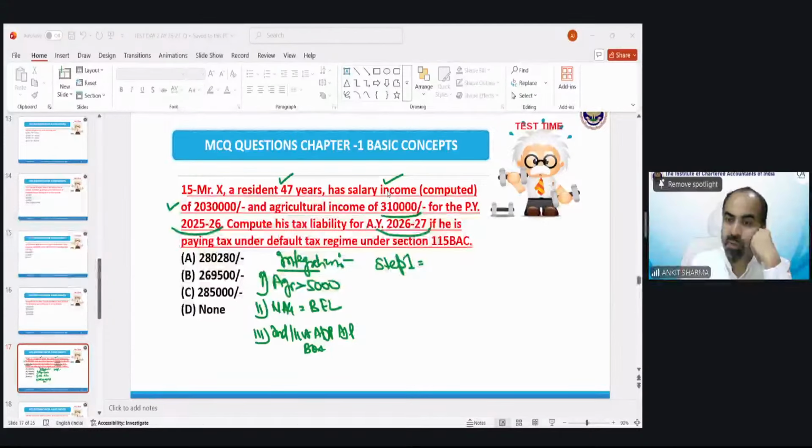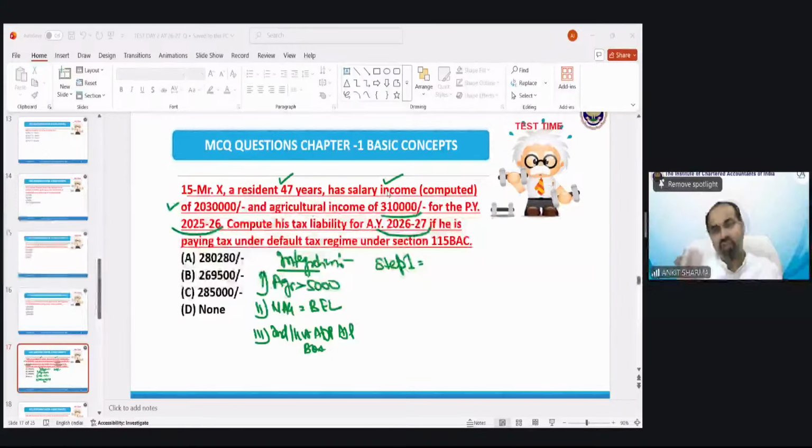Arju is saying the provision related to birthday of assessee on 1st April has been mentioned in the basic concept chapter number 1. If any assessee's birthday is on 1st April 2026, then he will be assumed as having attained the age of 60 years on 31st March 2026.